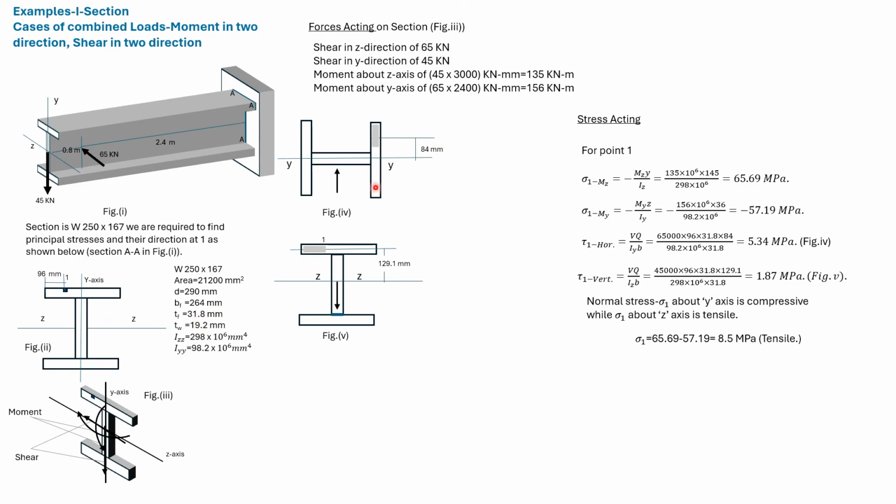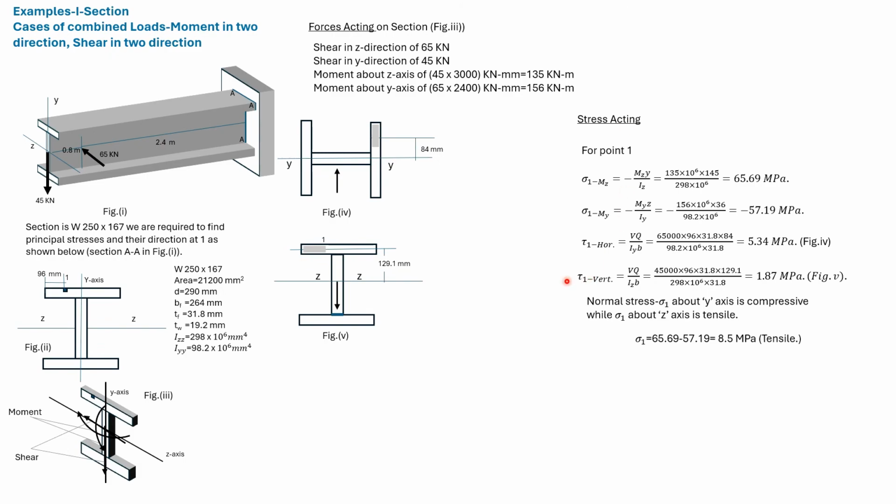The thickness of the flange is 31.8 millimeter. So Q is given as 96 into 31.8 into 84. We use IY from here, and B is the thickness of the flange, which is 31.8. So we get this value of the shear stress.